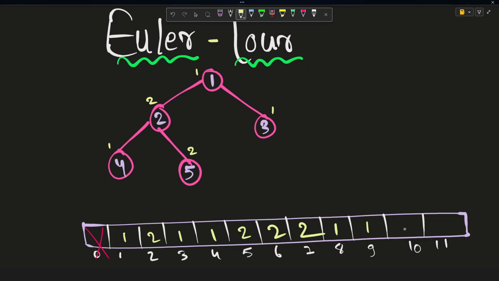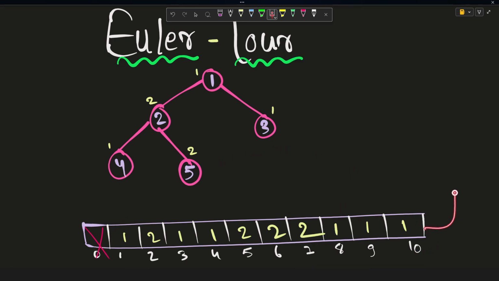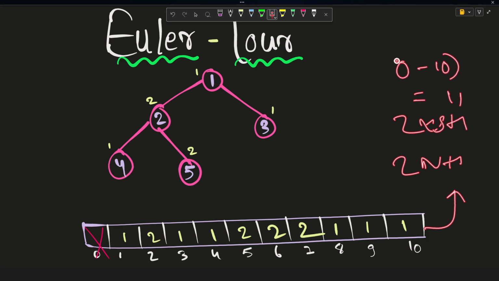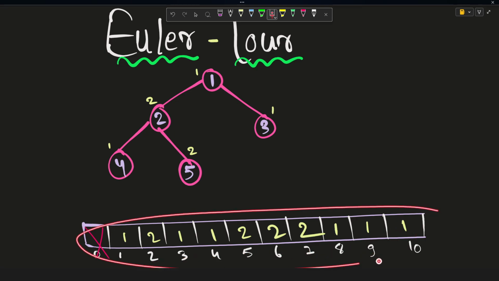So I will again write 1 here. I think I took one extra slot, so let me erase this. So this will be the status of my array after completing the Euler tour. And obviously this array is of size 2n plus 1, that is 2 into 5 plus 1, that is 11, from 0 to 10. So this is my Euler tour array.